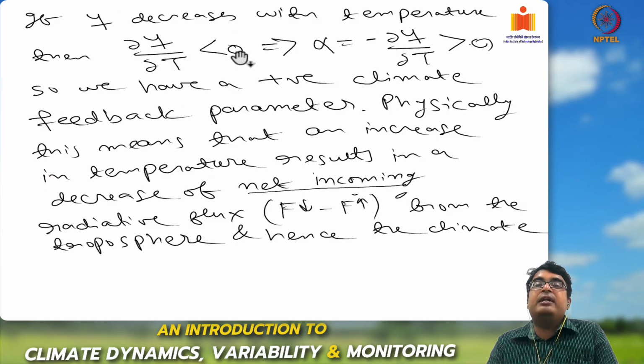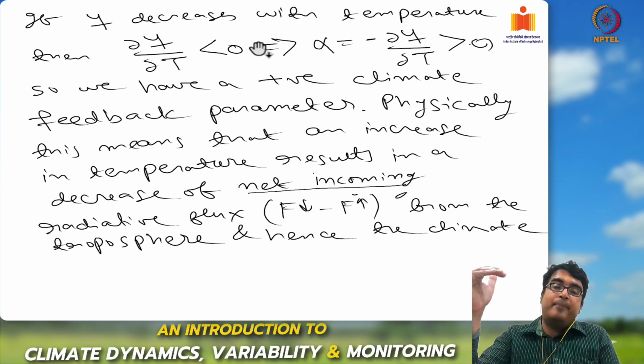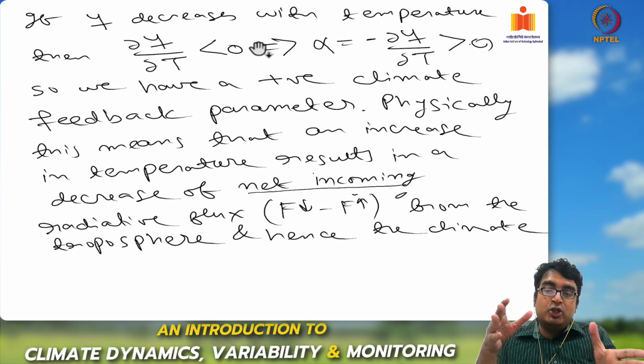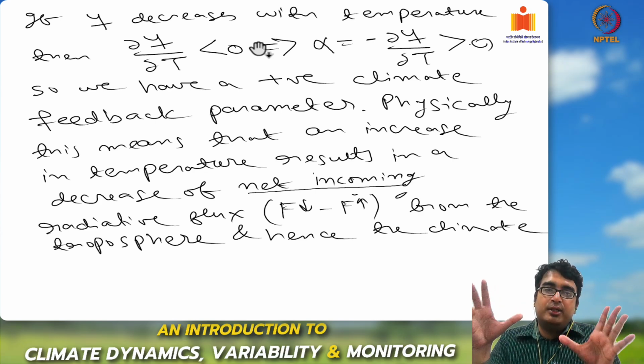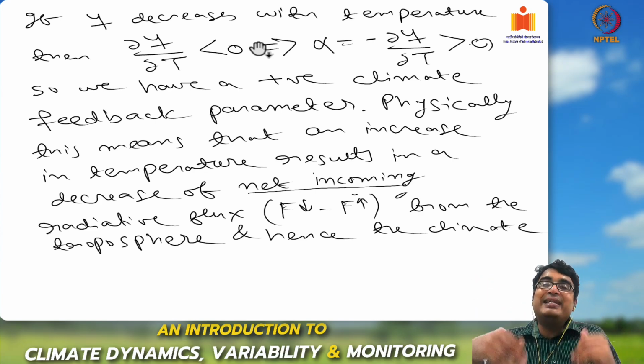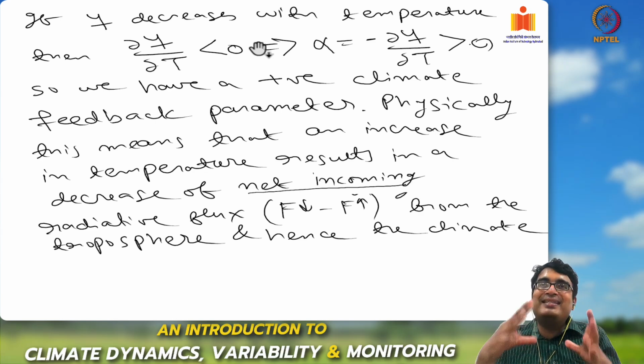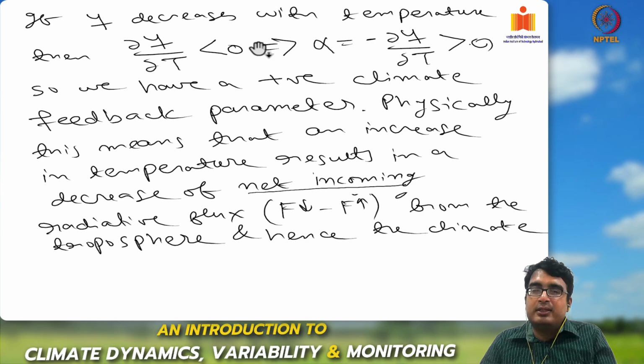Basically, your ∂F/∂T is less than 0. So, what is happening is, if your system temperature is increasing, assuming everything else is held constant, the difference between the incoming short wave and the outgoing long wave radiation is decreasing. As a result, you have less energy coming into the system and more energy going out of the system.